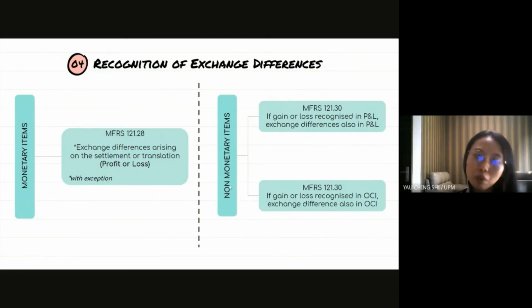And for the non-monetary item, we will need to refer to MFRS 121.30. It mentions here, if the gain or loss is recognized in the P&L, the exchange differences will also be recognized in P&L. On the other hand, under the same para, if the gain or loss is recognized in OCI or other comprehensive income, the exchange difference would also be recorded in OCI.